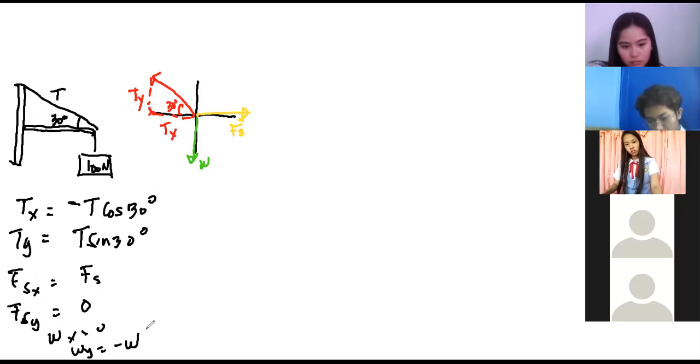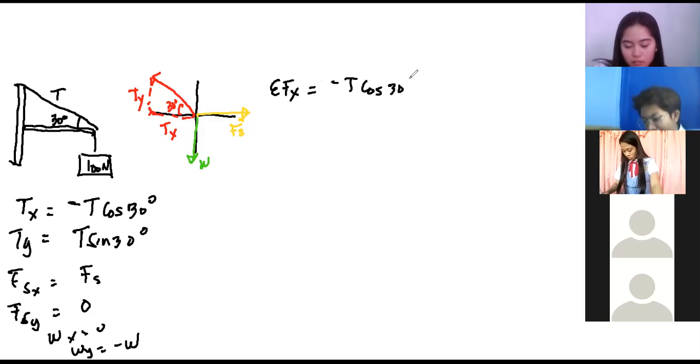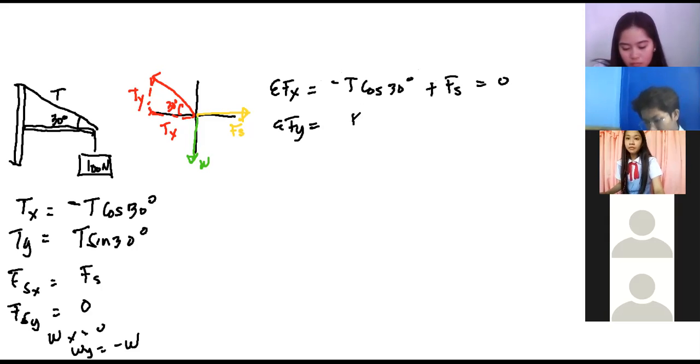So first, let's sum up all the forces again in the X component. So we have the summation of the forces in X, which is equal to negative tension cosine 30 degrees plus your Fs, which is equal to 0. And you will have also the summation of Fy, which is equal to tension sine 30 degrees minus weight equals 0.